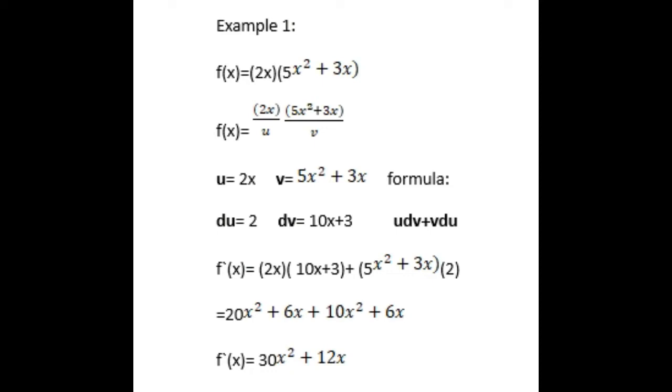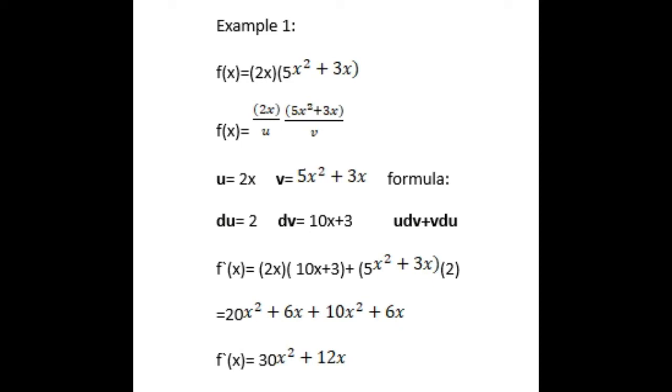Let's say our first function is u and our second function is v. Finding the derivative individually, the derivative of u is 2. And then the derivative of our second function is 10x plus 3. Now we have both of their derivatives.